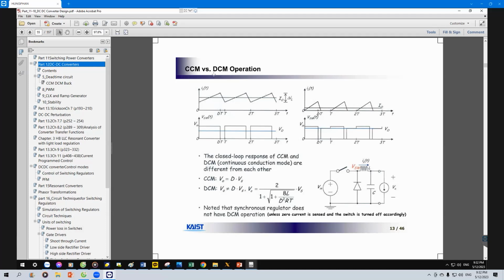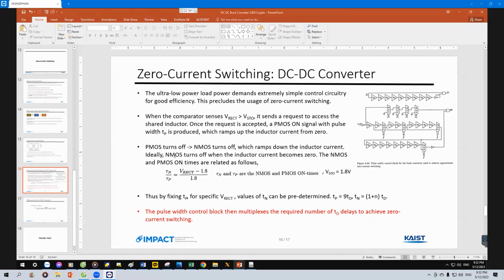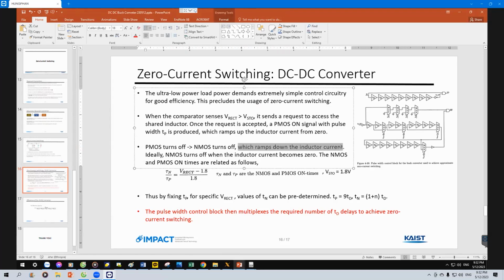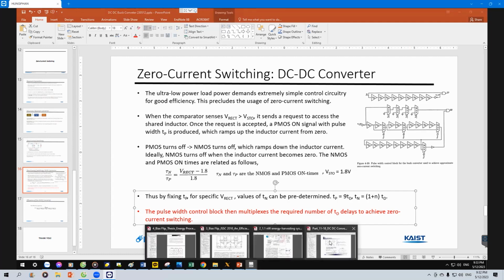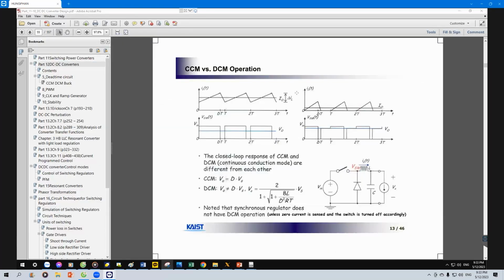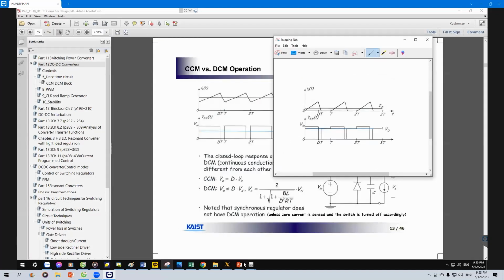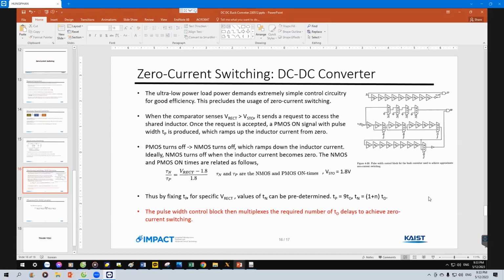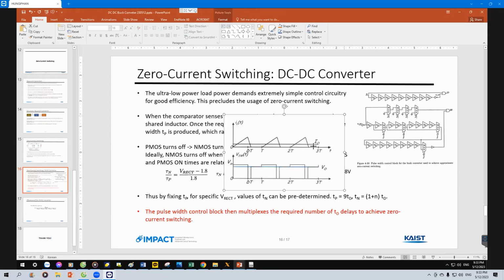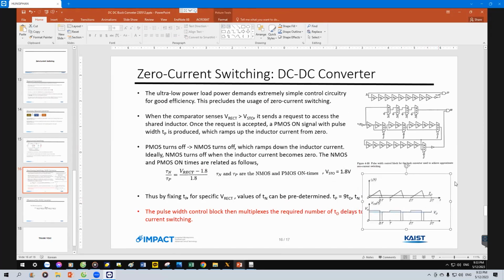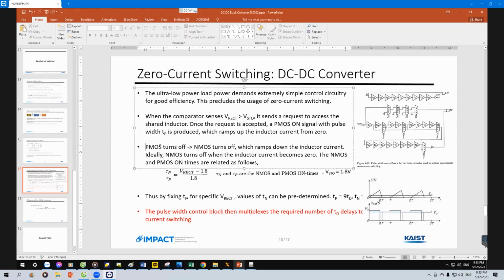DCM is discontinuous mode, so the inductor current will have a zero part. You should have a figure like this, but there was no figure like this in the paper.